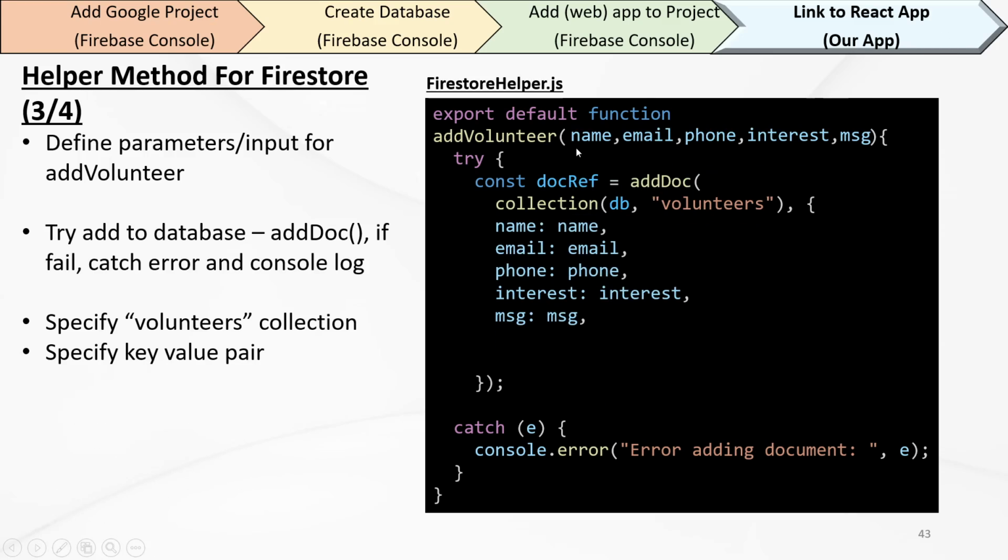Yeah, this is where we dump our Formik values in. Essentially what we really want to do for this helper file is to expose this add volunteer method for other components to use. That's why we export default function.